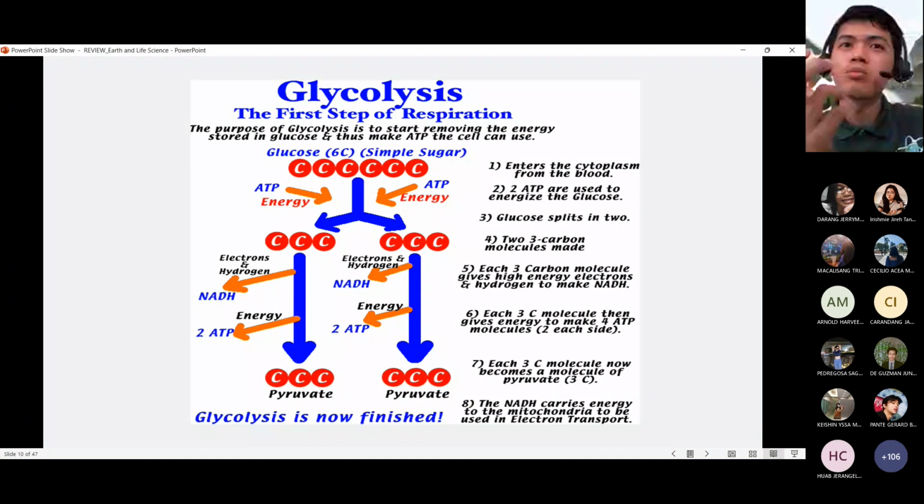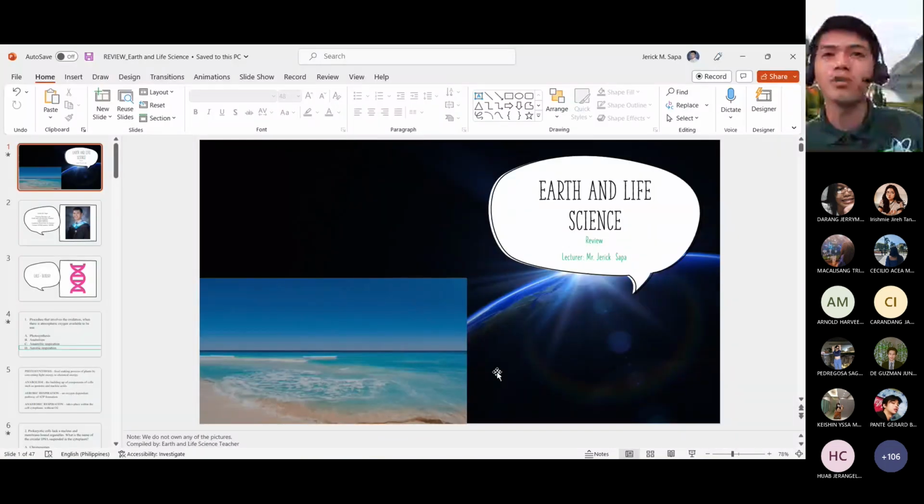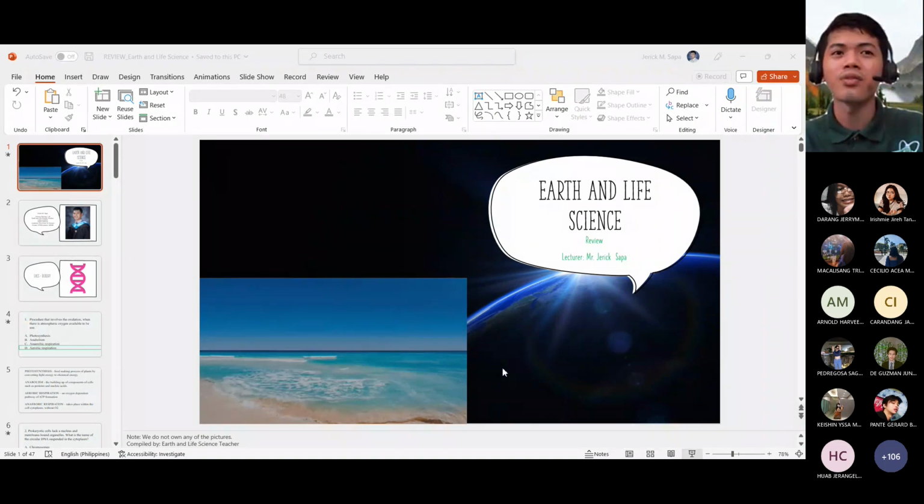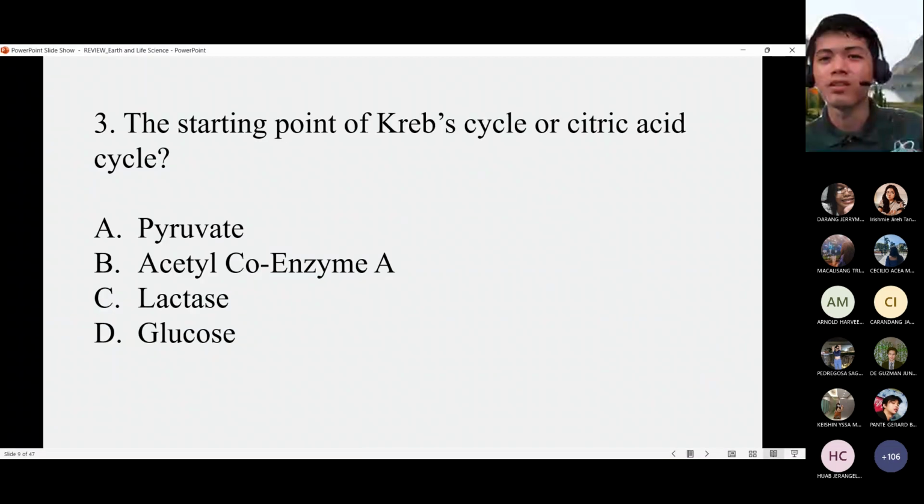Now, if you still remember the formula for cellular respiration, the formula for cellular respiration is that we have C6H12O6. That's the glucose or the simple sugar.